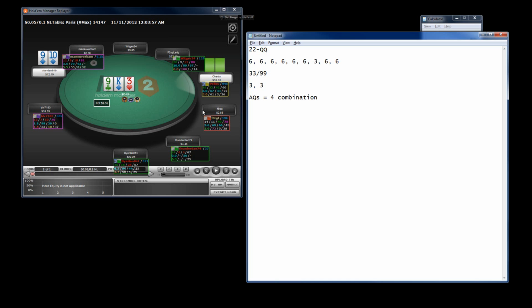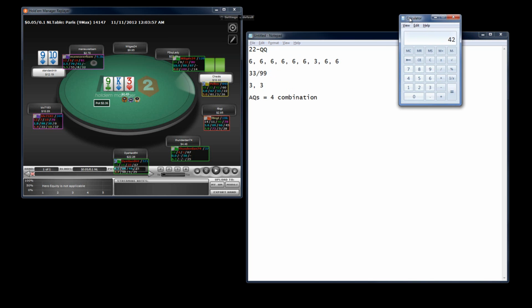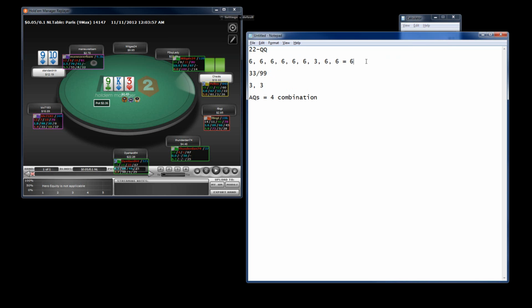So if we go ahead and do this, there are 1, 2, 3, 4, 5, 6, 7, 8 types of 6 combinations. So we'll go ahead and do 6. So this equals 51. So there's 51 different combinations of this, plus the 4 combinations of ace queen, which makes 55 combinations of bad hands, or hands that I think he'll fold.